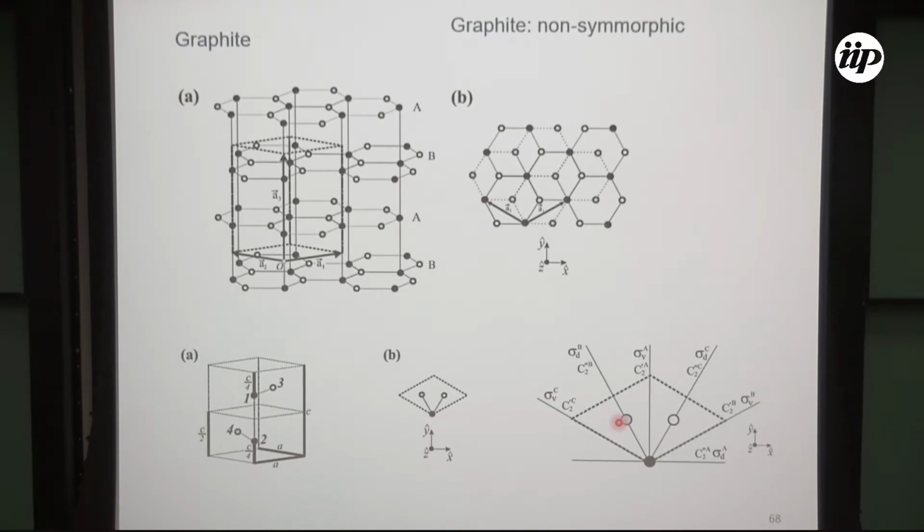What I have to do now is to make a translation of half of the lattice parameter along Z. So if I rotate and make a translation, then I put everything back. So this is a non-symmorphic group because some of the operations need a translation, okay?